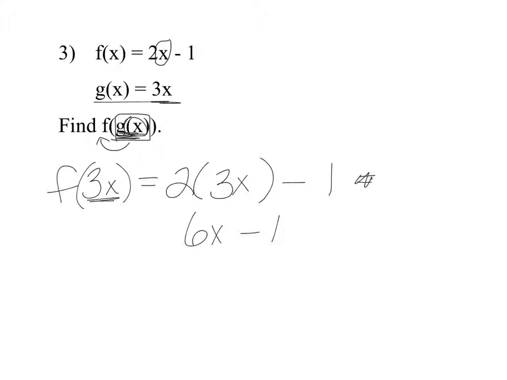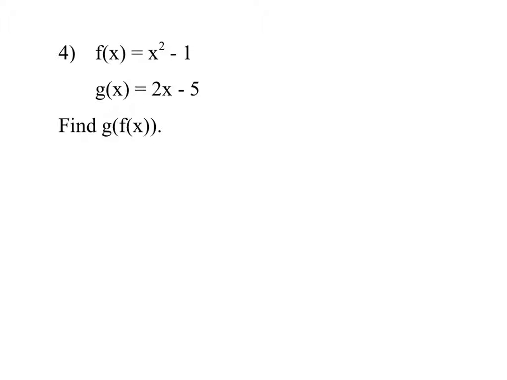All right, let's try it again. So g of f of x, the one that's on the inside, that's the one you rewrite. So f of x is x squared minus 1. So I'm going to keep the g and write the f of x in this spot. And then with g, this is the letter I'm at now.